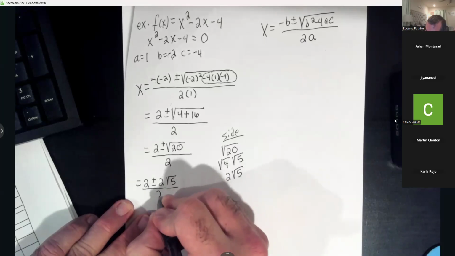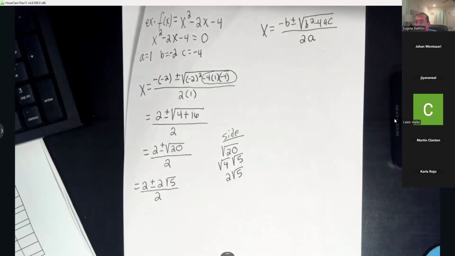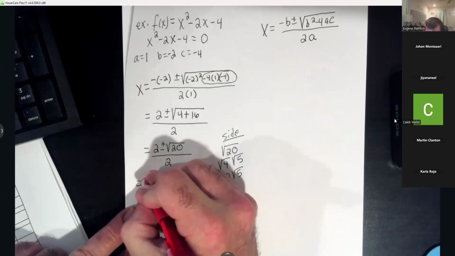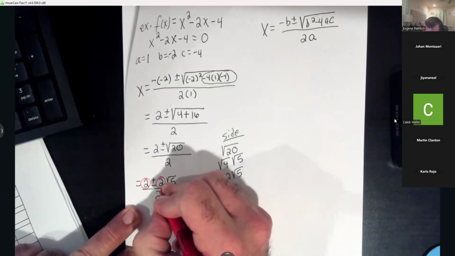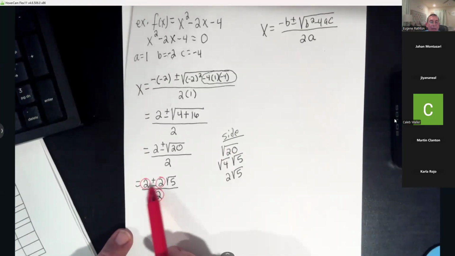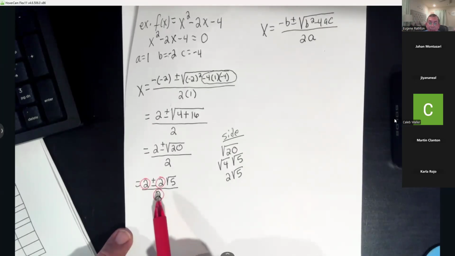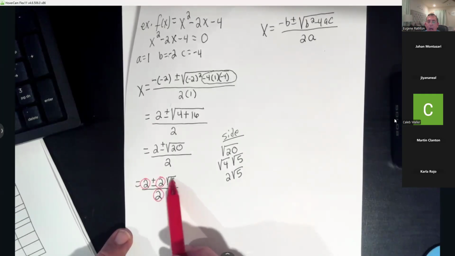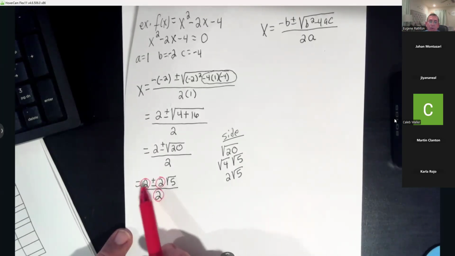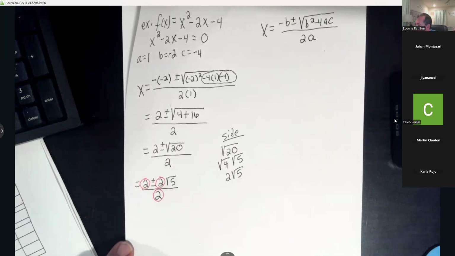all over 2. Now y'all, I want y'all to notice something. Both of these numbers on the outside will divide by that number on the bottom. Now, you cannot divide a number under a square root by a number not under a square root. So this 2 can only divide by numbers on the outside, okay?